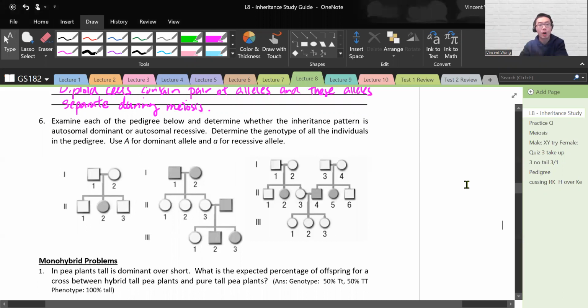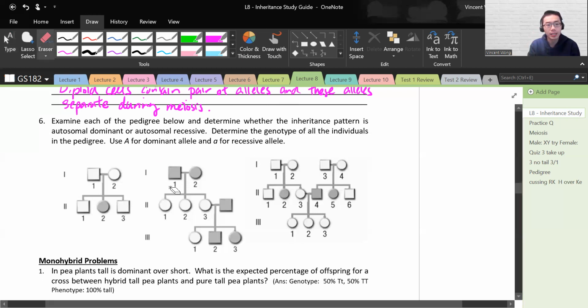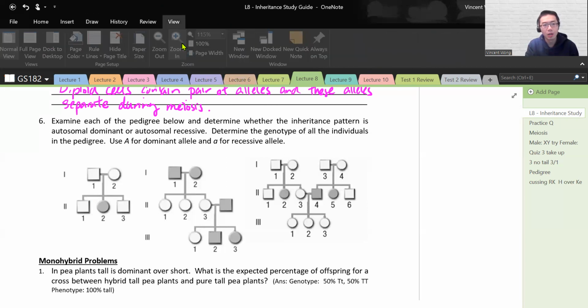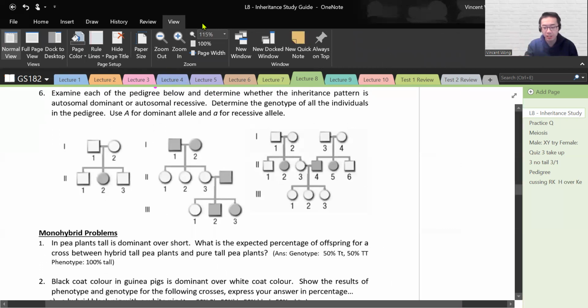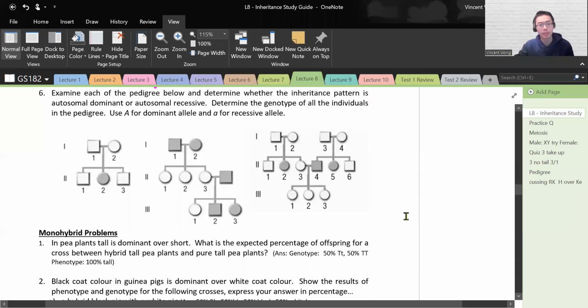The big A is the dominant allele, meaning it will always show up, whereas the small a is a recessive allele. You need to have two copies in order for the trait to show up. Okay, so here is a pedigree, and we want to see whether the inheritance pattern is dominant or recessive. There are a couple of key things you can notice to see whether a trait is dominant or recessive.